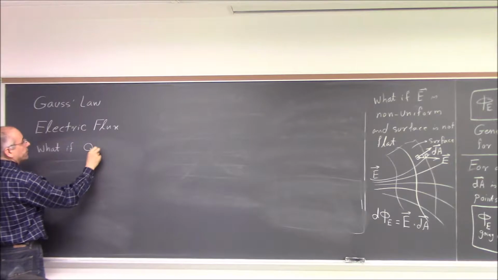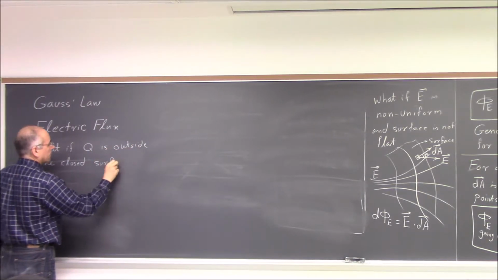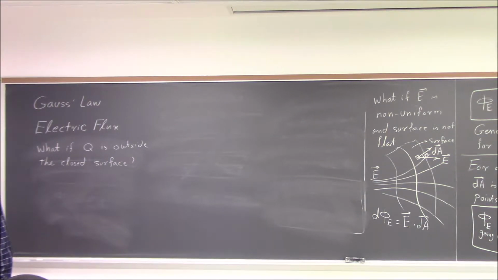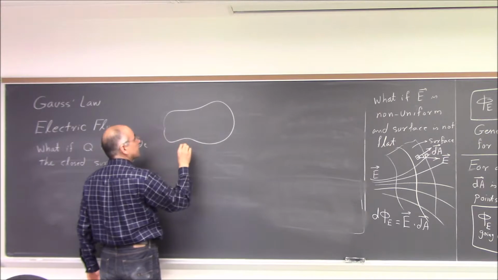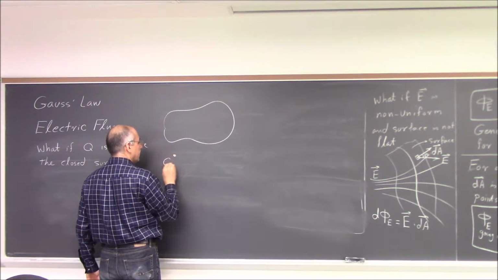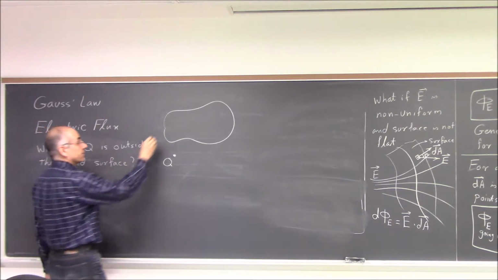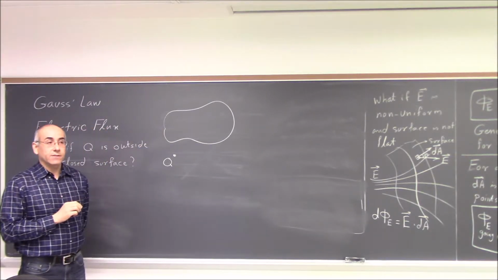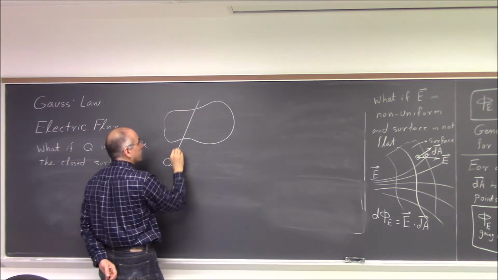What if Q is outside the closed surface? What do you think? If you have a closed surface and you have a charge Q outside of it, what do you think the net flux through this surface is? Again, make a small cone.